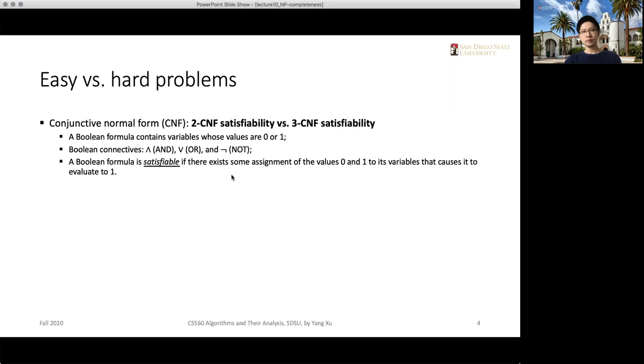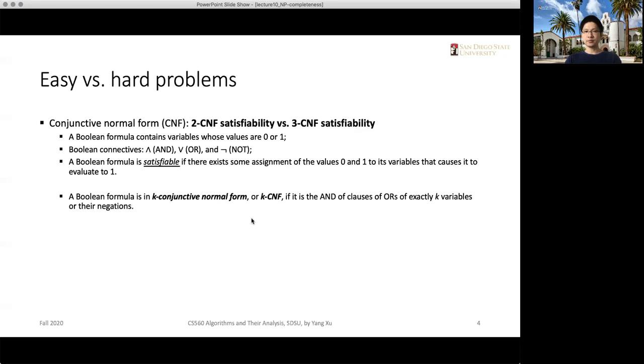Okay. And so we say that a Boolean formula is satisfiable if there exists some assignments of the values 0 or 1s to those variables. And our goal is to cause the whole formula to evaluate to 1. So if there exists such assignments that makes the whole formula evaluate to 1, then we claim that this formula is satisfiable.